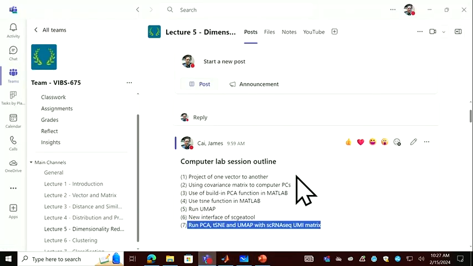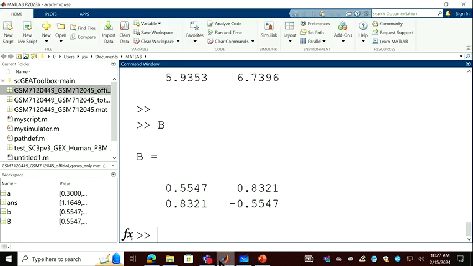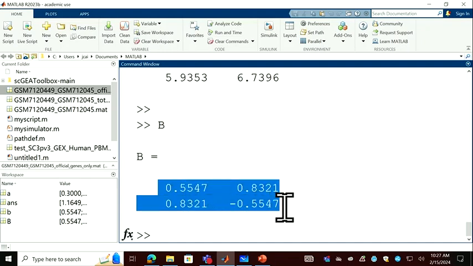So what's next? Okay, we are going to use the covariance matrix method to compute principal components. Again, in PCA, the goal is to find a rotation matrix.